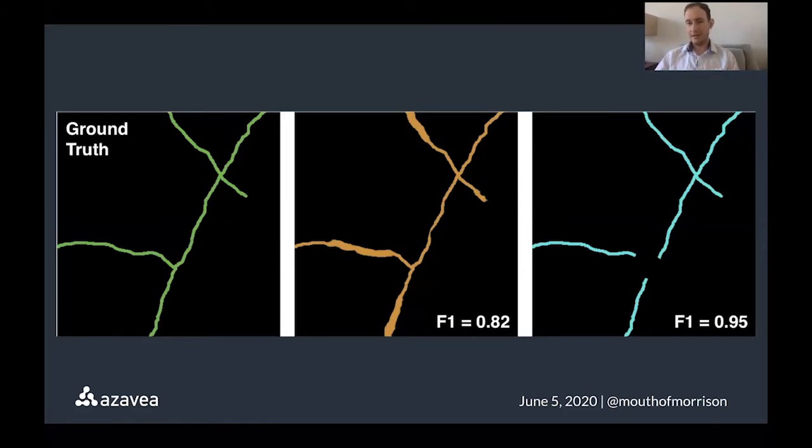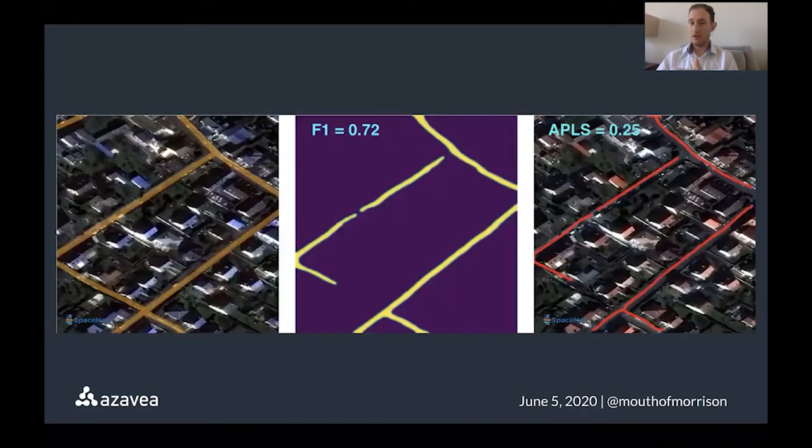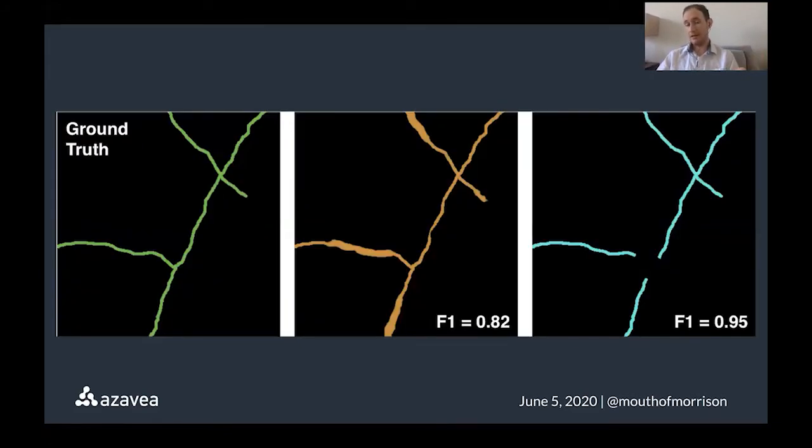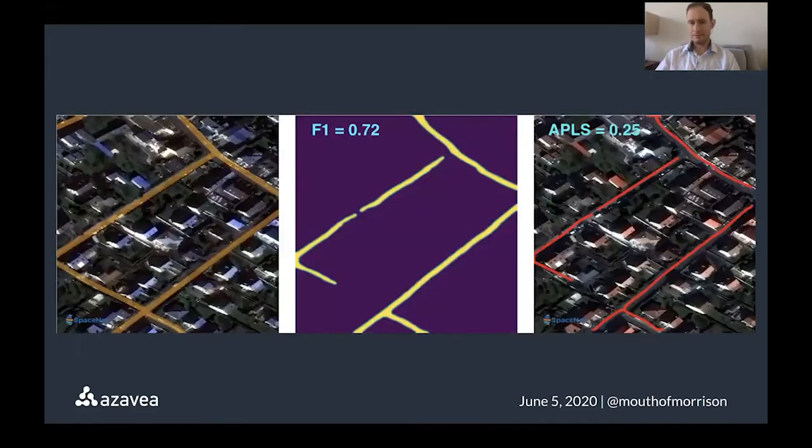The trouble with having gaps in a road network is that you can't then use it for logistics. It thinks that's a dead end when in fact it's connected. So they set out to look for a custom metric that would rank that second example over the third.